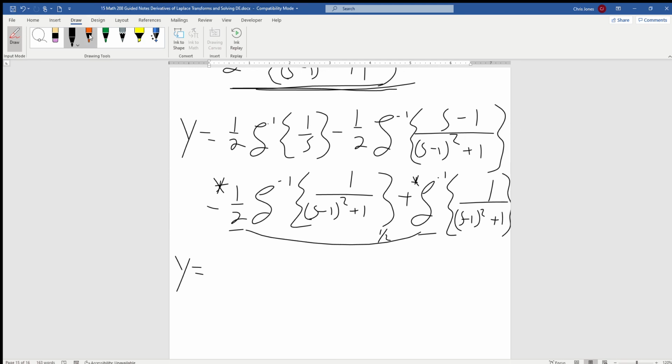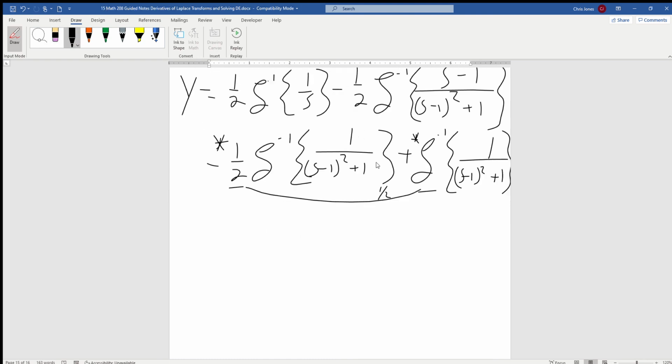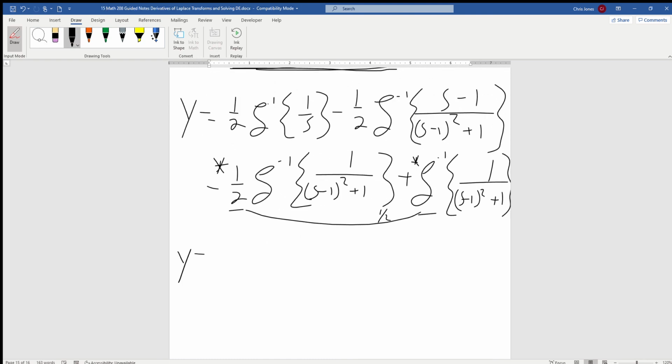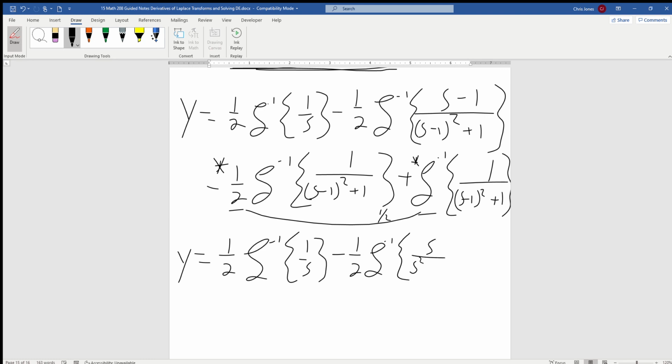So y, before we go through and do the actual transform, is going to be equal to 1/2 inverse Laplace of 1 over s. We're going to use the first translation theorem, minus 1/2 Laplace inverse of s over s squared plus 1 as s approaches s minus 1.